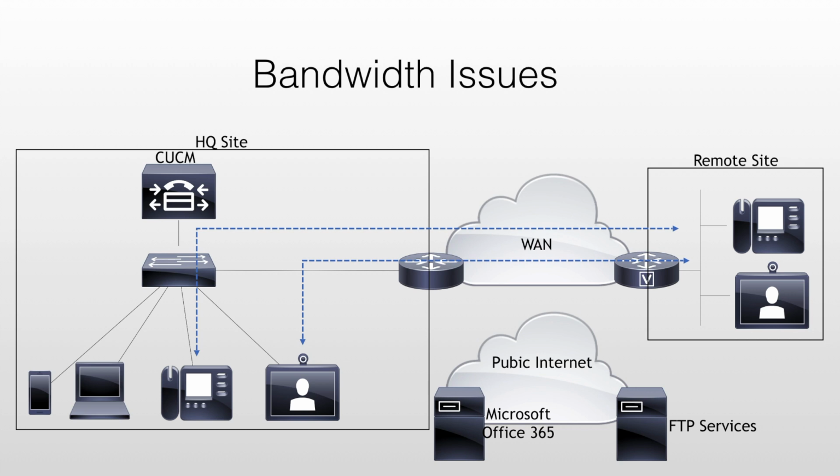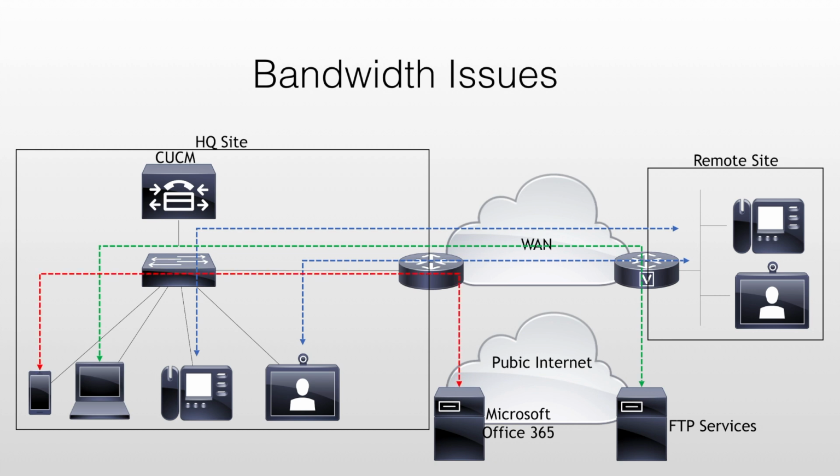For example, you could have voice and video traffic crossing the WAN while large files are being transferred over FTP to a remote location, and at the same time, devices are accessing email and other services in the cloud like Office 365. The result of these devices competing for bandwidth causes congestion on the network edge and uses up all of that extra bandwidth.